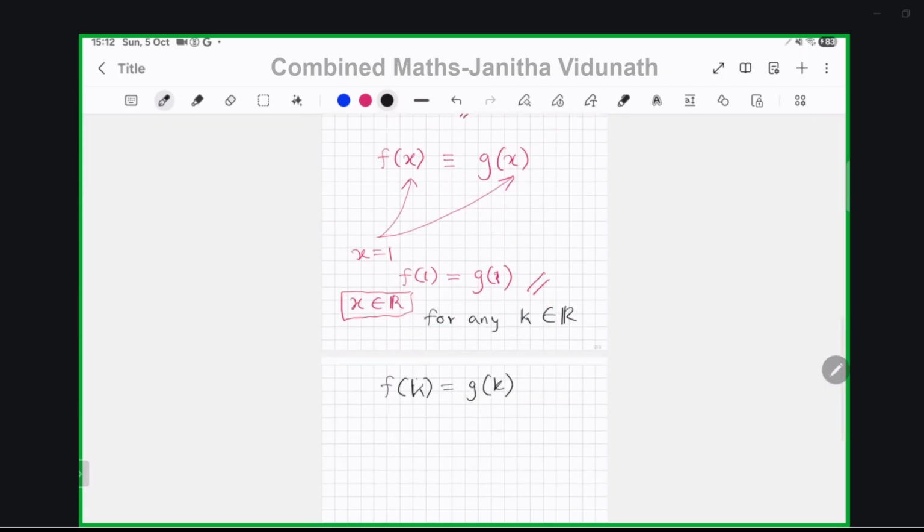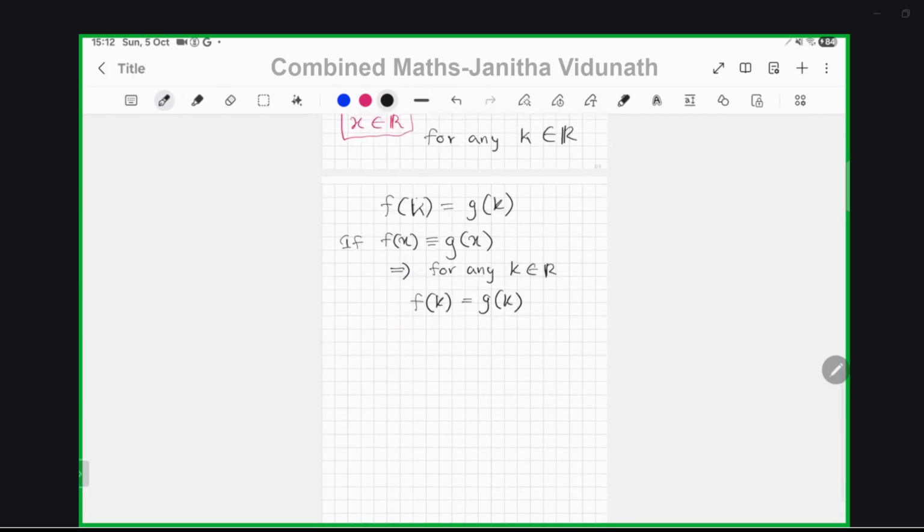If f(x) is identical to g(x), that means for any real number, f(k) should be equal to g(k). That means if we substitute x as 0, then f(0) should be equal to g(0).